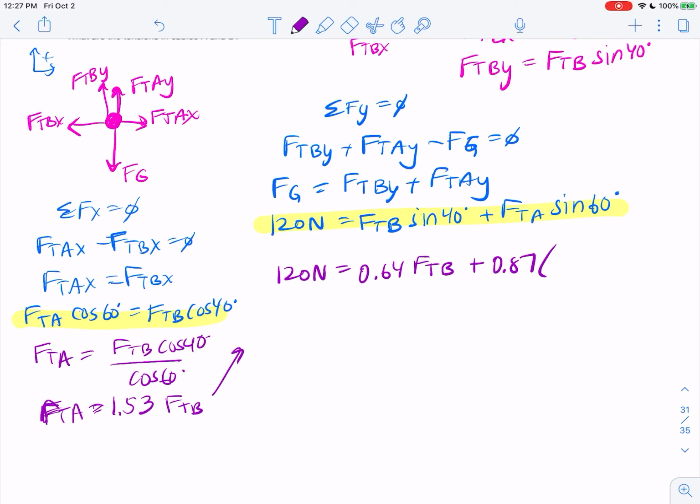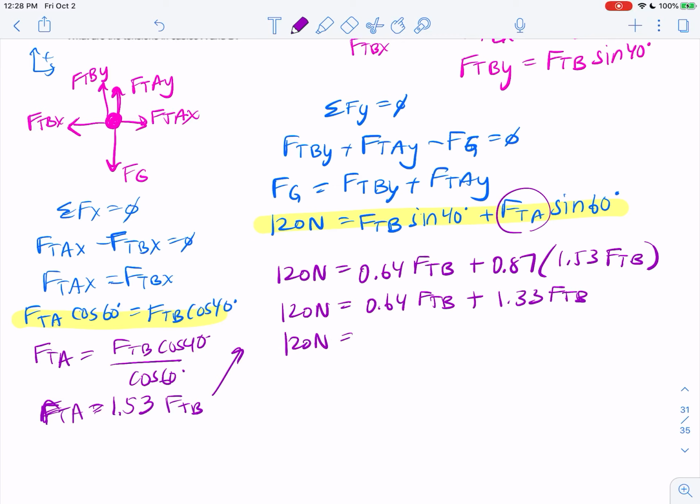And then instead of FTA, I'm going to put in what I found in the x direction, because now I'm going to smash this down to one variable so I can actually solve it. So 120 newtons is 0.64 FTB plus 0.87 times 1.53, 1.33 FTB.